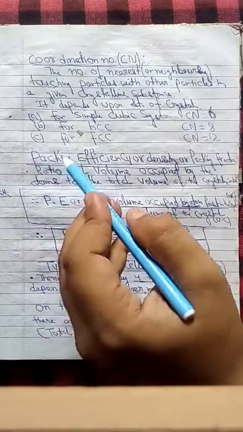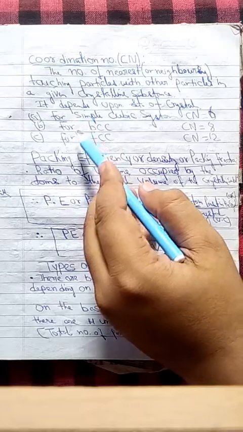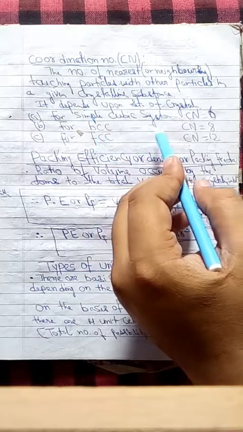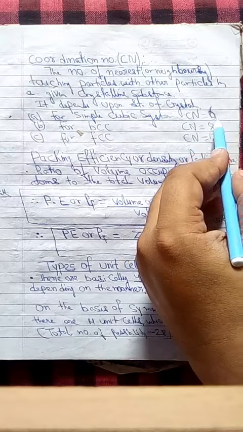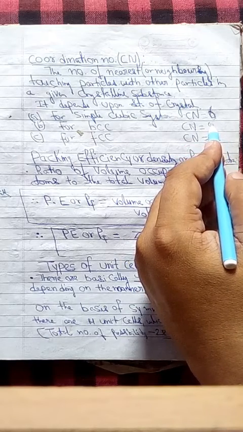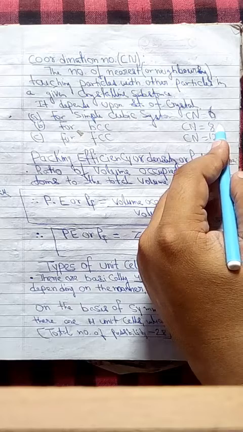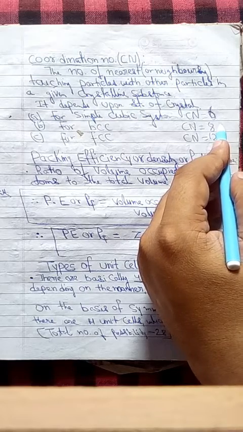Okay, so coordination number for cubic crystal systems is also different. For simple cubic system, the coordination number is 6. So in simple cubic or primitive cubic crystal, the coordination number is 6. It is in contact with 6 other atoms.